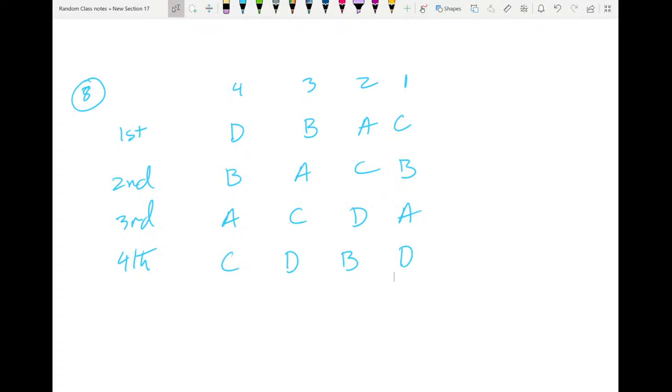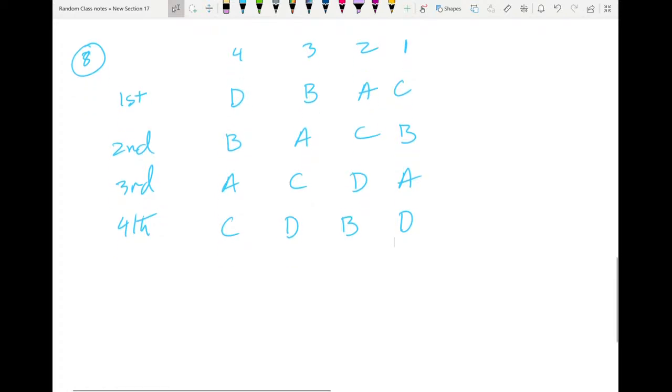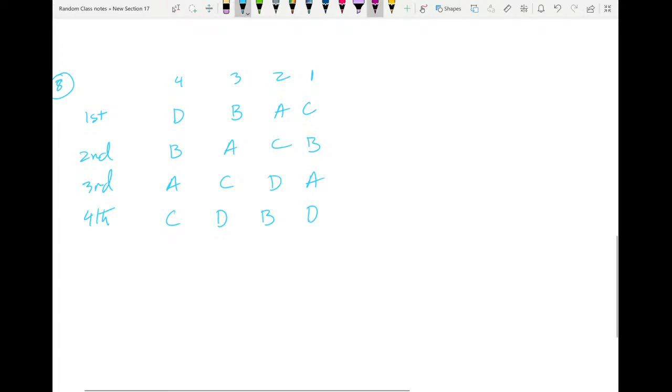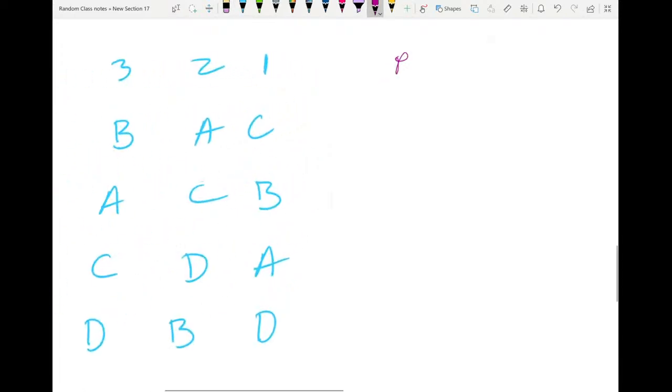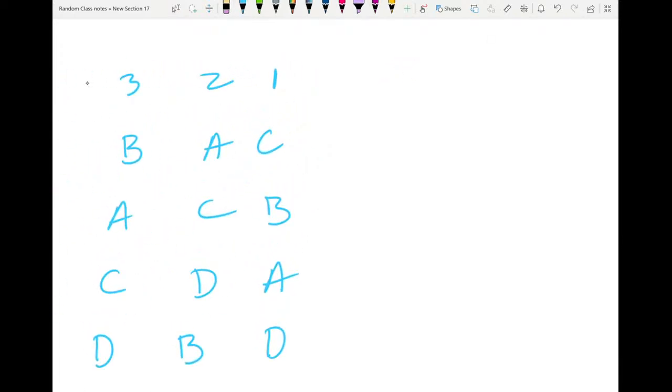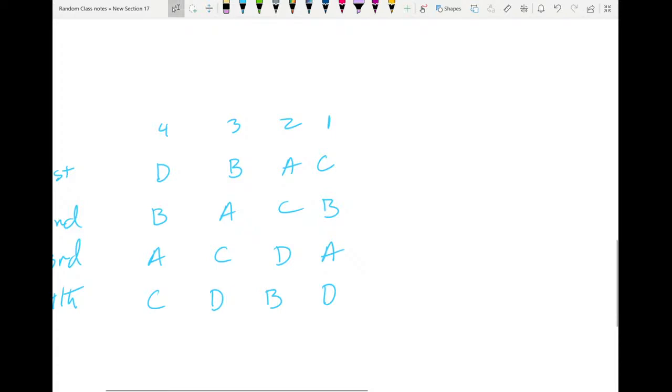Okay, so let's look at it. The first one, if you look at the plurality method, I even closed the book. Let's figure out how many total voters there are.